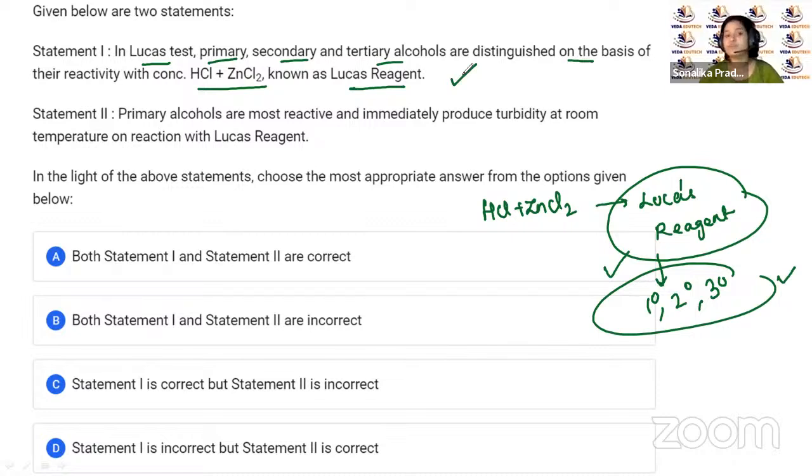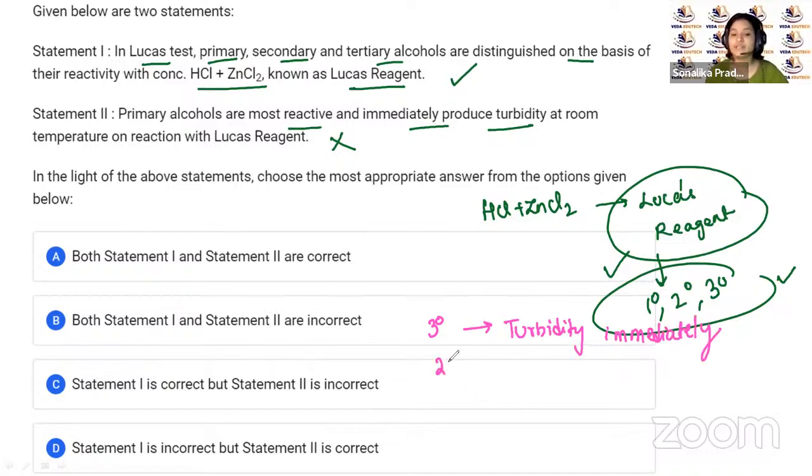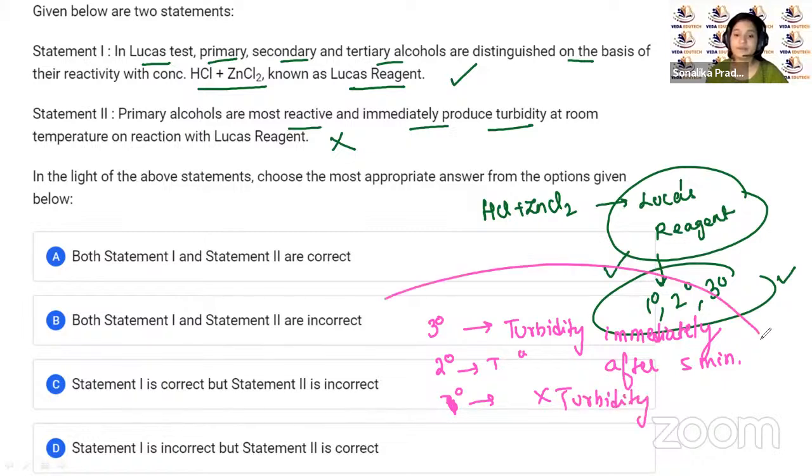Yes. Talking about the second statement, primary alcohols are most reactive, immediately produce turbidity. So this is wrong, children, right? Why? Because we know that 3 degree, they produce turbidity immediately. 2 degree, they produce turbidity after 5 minutes. 1 degree, they do not produce any kind of turbidity, right?